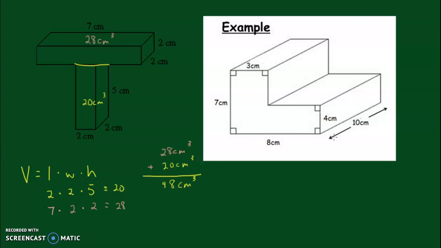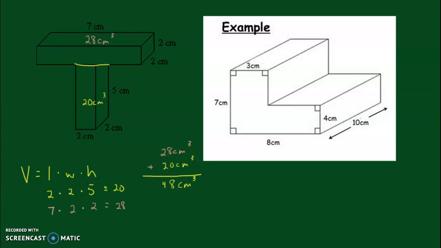Now let's look at this portion here. This one is even a little bit more different because they don't give us a line to separate this from. So we're going to have to do some more thinking on this. Now we have a couple of options.